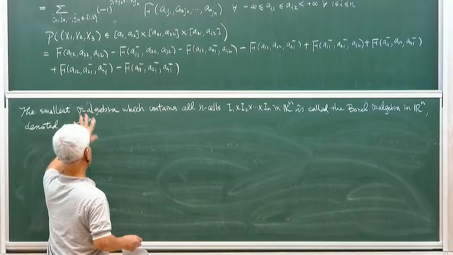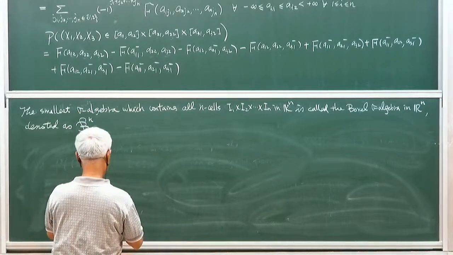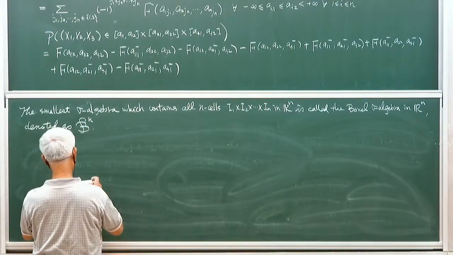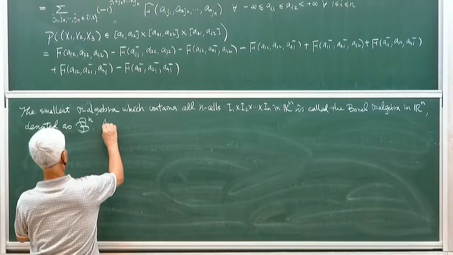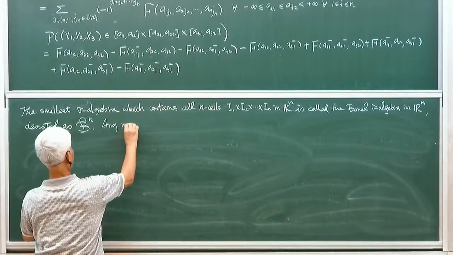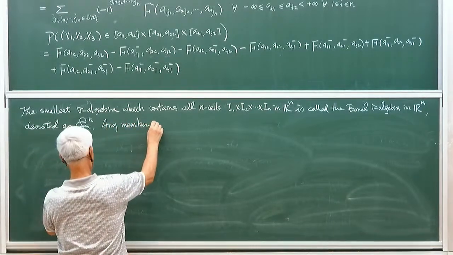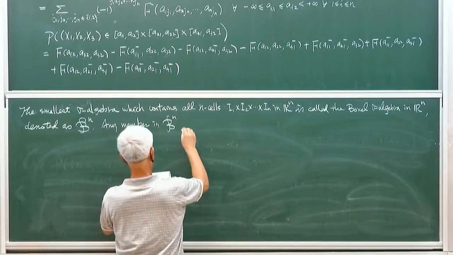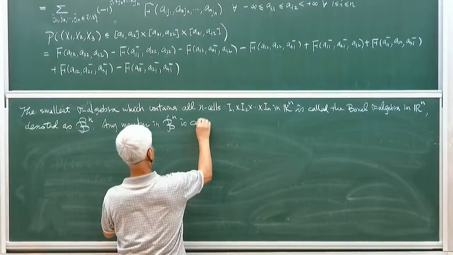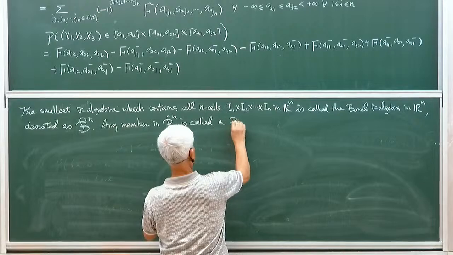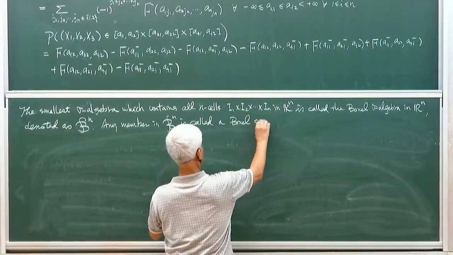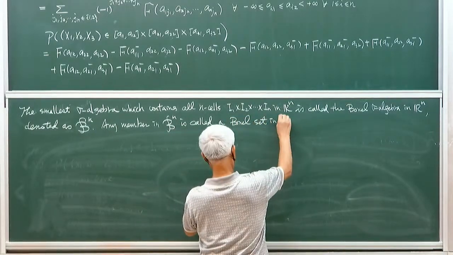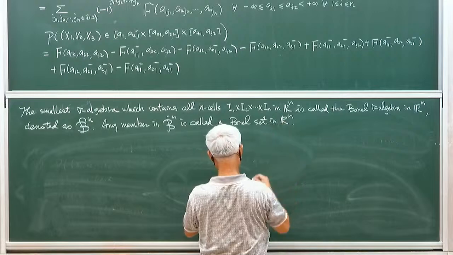So any member in script Bn is called a Borel set in Rn.